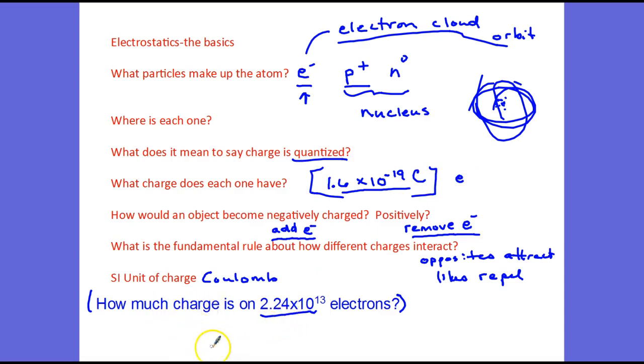If you want to know what the total charge is, it's just going to be equal to the number of electrons times the charge on one electron or proton. Okay, so if you have an amount of charge and you want to know how many electrons that is, then you would divide the amount of charge by the charge on one. So you can rearrange this equation, but the total charge that you would have would be equal to the number of electrons that you have times the charge on one electron.